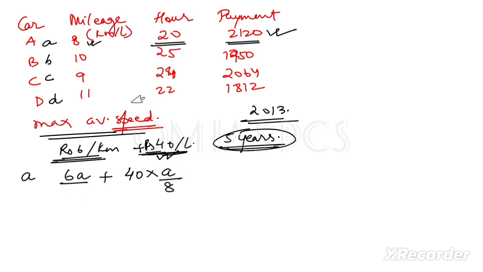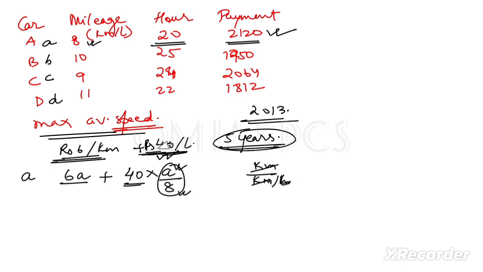Because when you divide this distance in kilometers by the mileage in kilometers per liter, the kilometer cancels out and we get only liters. This much liters you are using to travel a kilometers, so you get a by 8 liters.